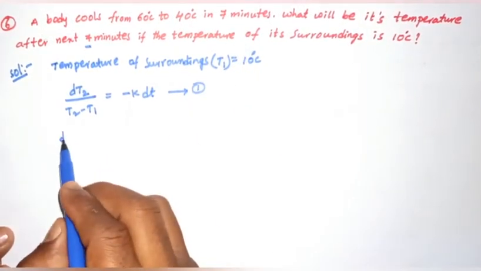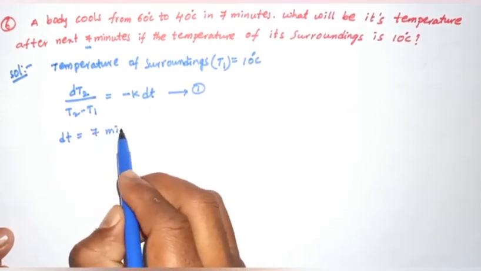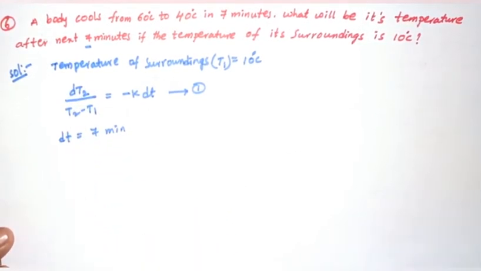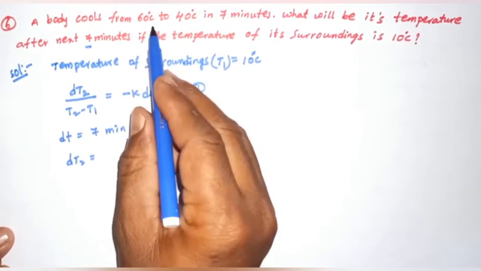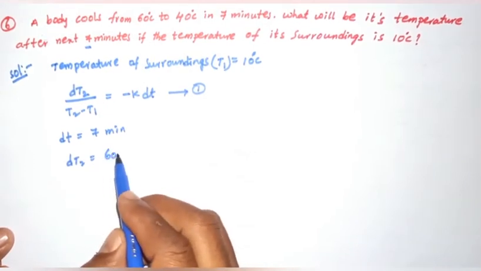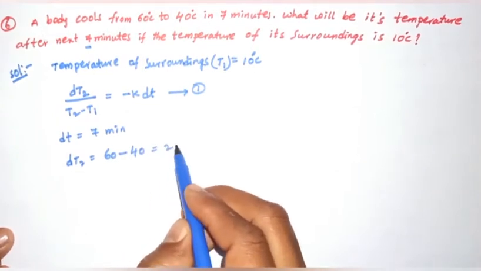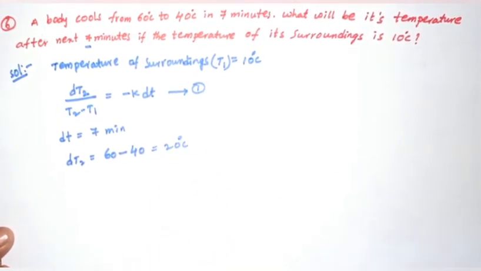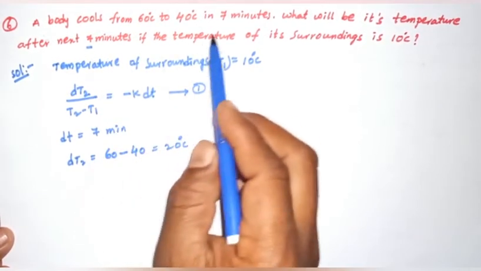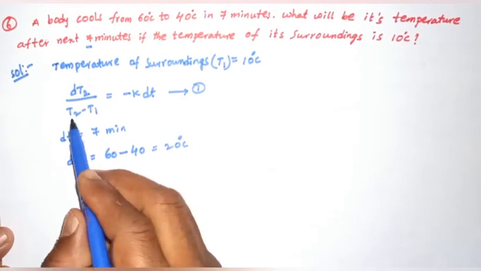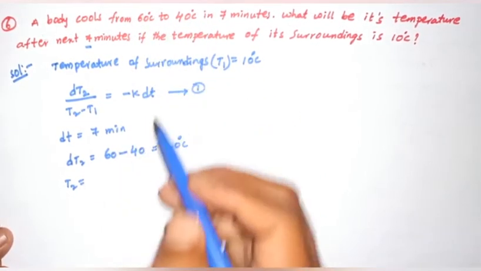Here the time is 7 minutes. The change dT2 equals 60 minus 40, which equals 20 degrees Celsius. Now T2 equals the average.